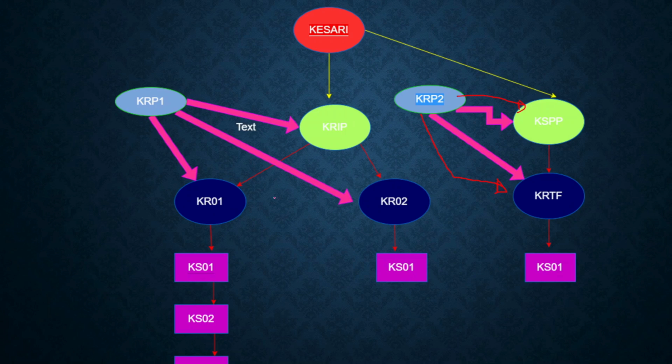So if I talk about this complete enterprise structure or organization structure, this is a client, and this is the company code. For this company code KRIP, there are two plants, KR01 and KR02. Under this plant there are 3 storage locations, and for this plant 1 storage location, for this plant 1 storage location, and these two are purchase organizations.